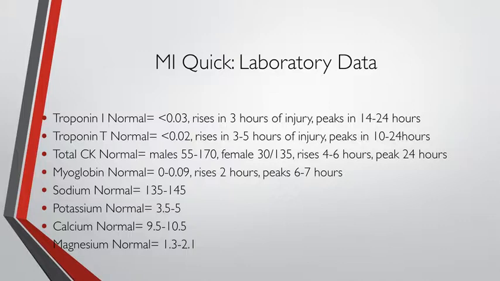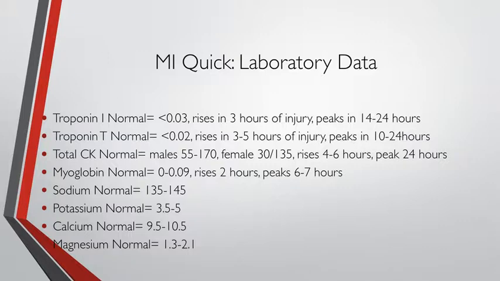If it's too high, they can have a weak, thready pulse and tachycardia. Potassium, if it's too low, we can see some flat T waves, some ST depression, or even ventricular arrhythmias. If it's too high, we can see peaked T waves, wide QRSs. You can even see asystole.